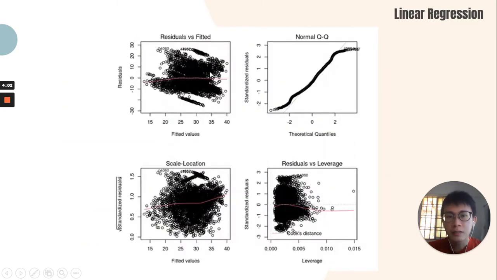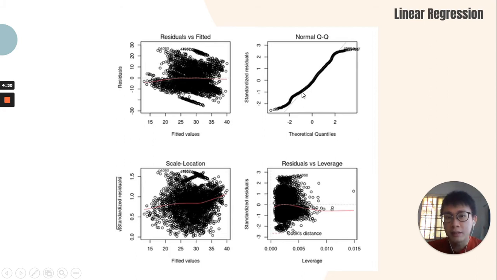So now let's look at the diagnostic plots for linear regression. From the plots, we can say that linear regression is also not suitable for the data. Why? Because, for example, the normal QQ plot: as we can see, the lower end and upper end of the normal QQ plot are off from the dashed line.